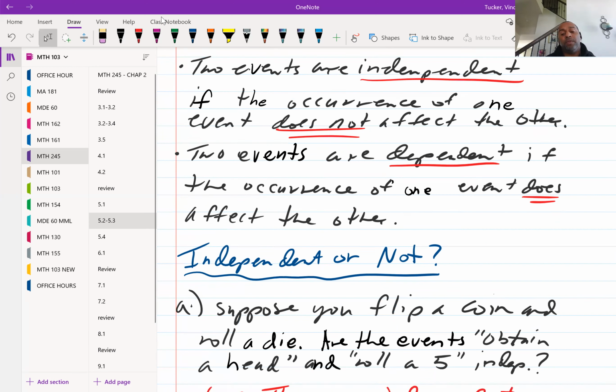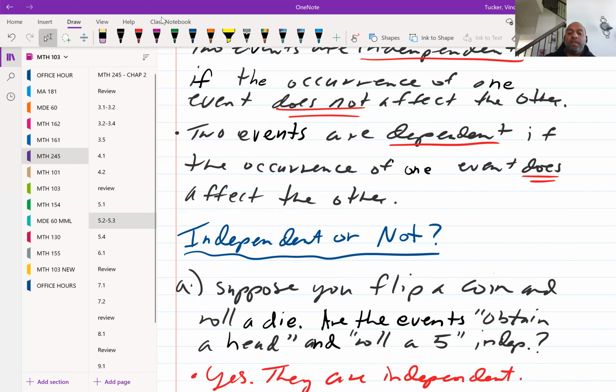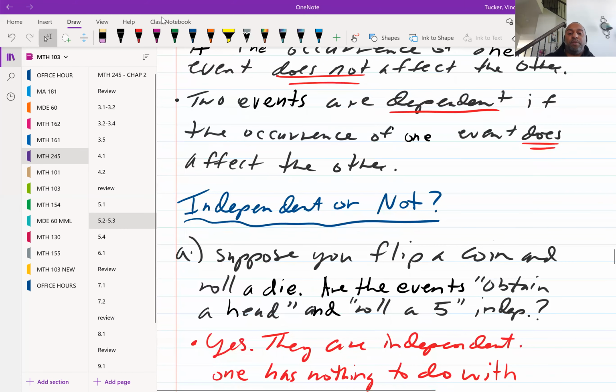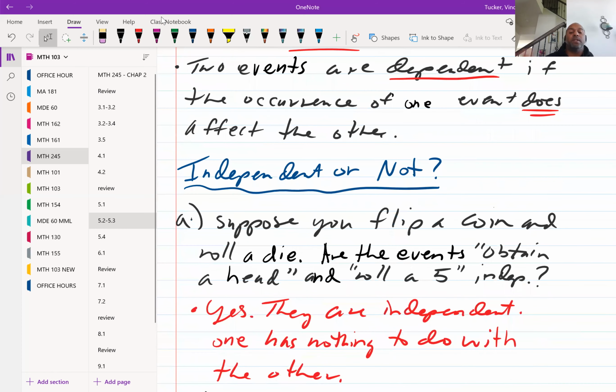So in other words, when you flip this coin and roll the die, does one depend on the other? Does one affect the occurrence of the other? The answer is yes, they are independent. One has nothing to do with the other. So if you flip that coin, it does not affect the probability that you will roll a 5.